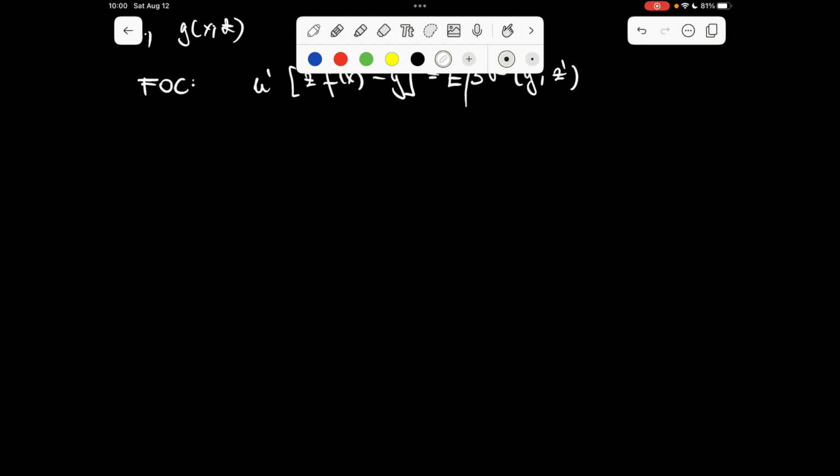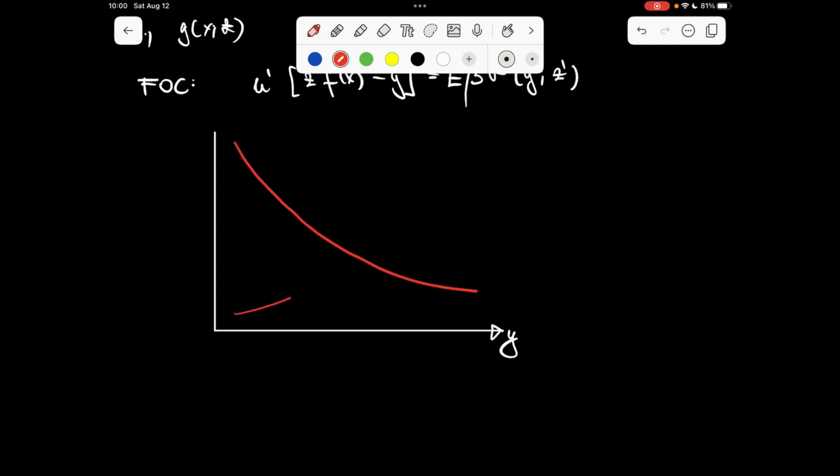So let's try to set up a simple figure in which we chart the two sides of the first order condition as the function of y for any given z and x.